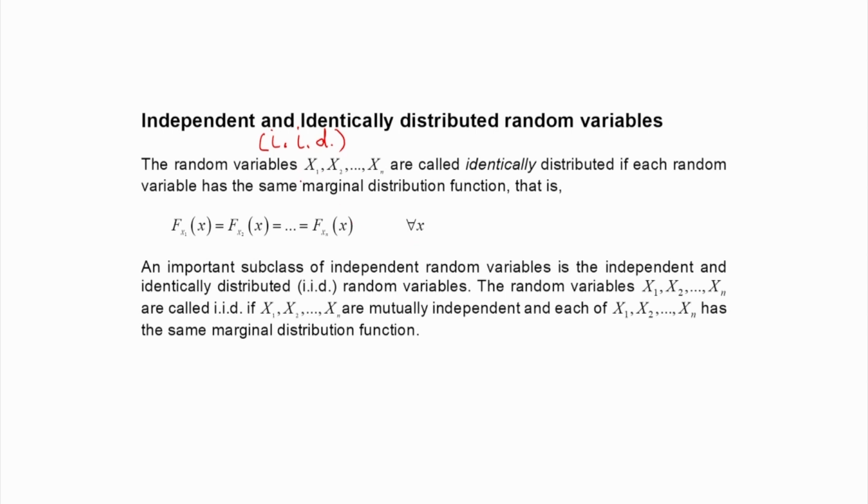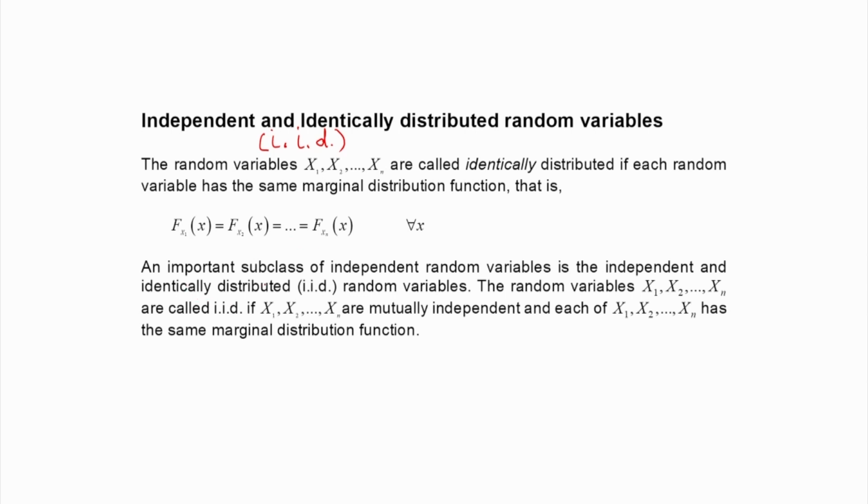For all these random variables, each random variable has the same marginal CDF. Similarly, we can define identical distribution in terms of the PDF also. If these are continuous random variables, then each of the X_i will have the same PDF.